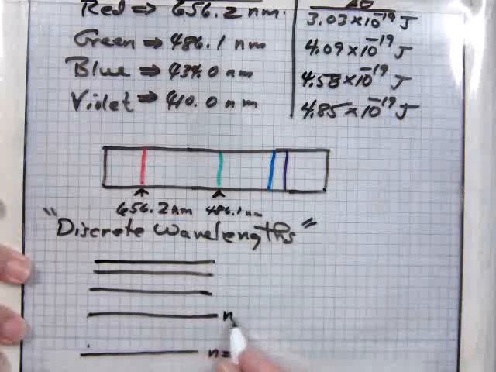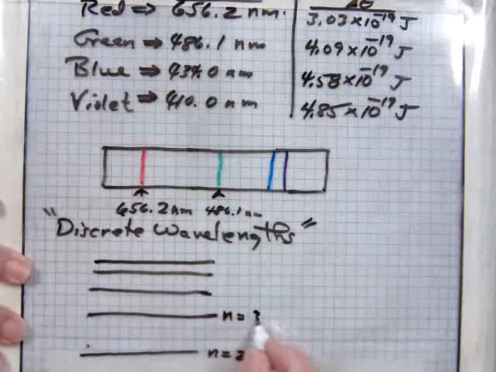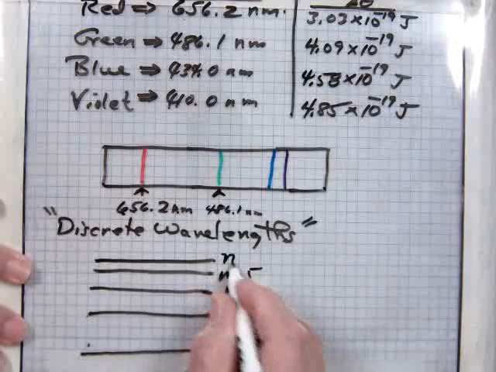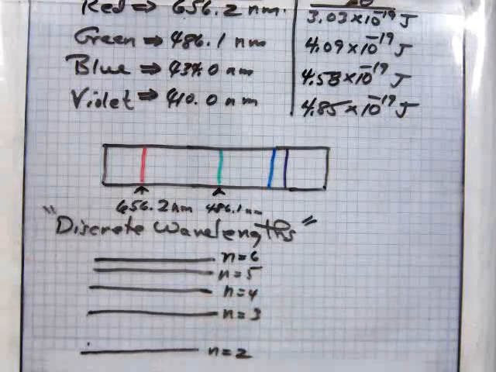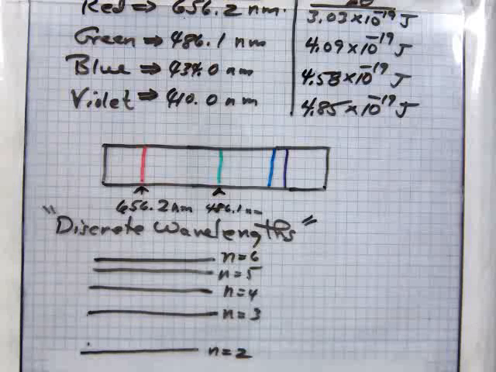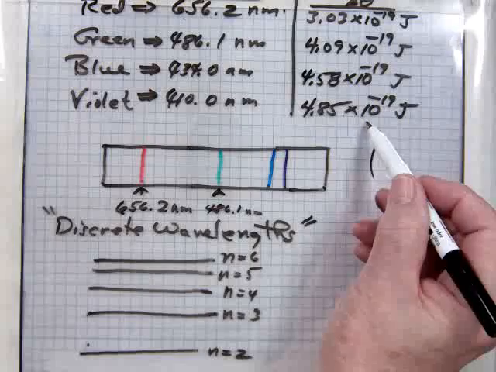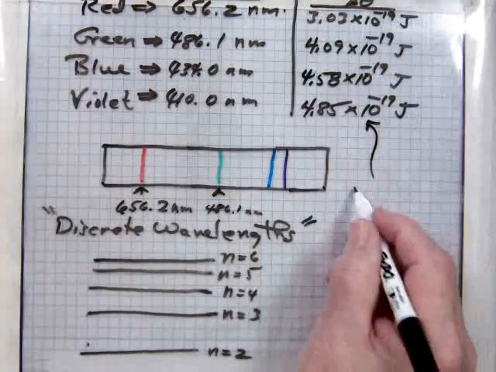So here's n equals 3, n equals 4, n equals 5, and n equals 6. Now, what makes this very unique in defining the concentric ring model is these are also referred to as discrete energy transitions.